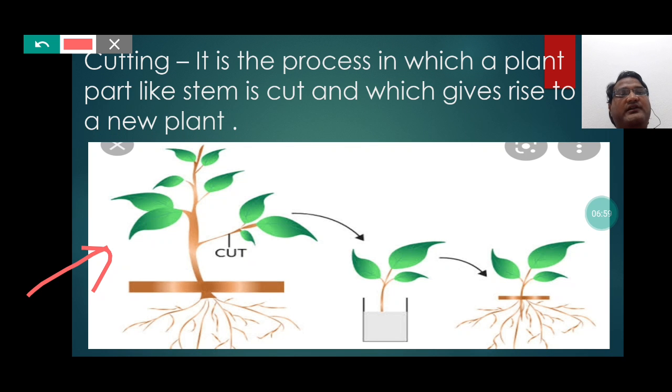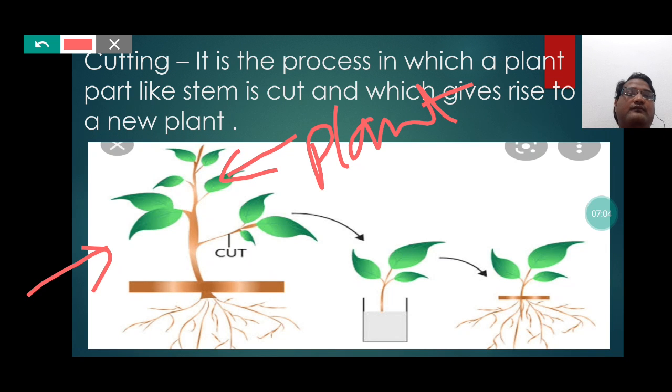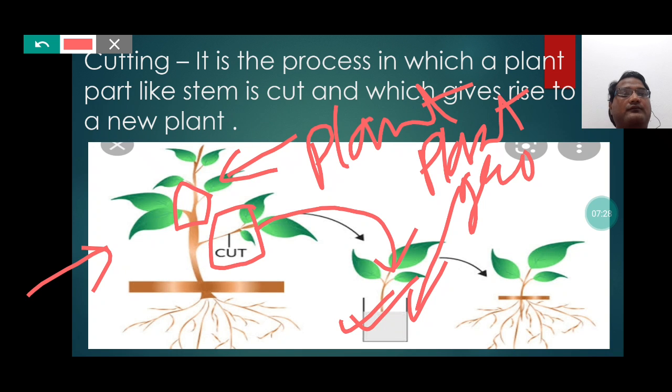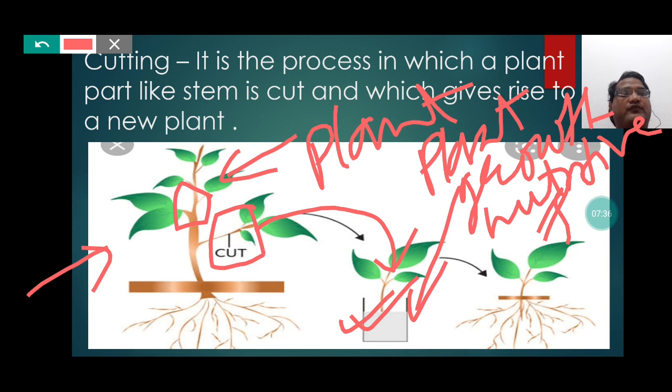Here we can clearly notice that there is a plant, a small part of the branch or even a small part of the stem we can cut, and further the cut part can be kept in the plant growth nutritive fluid.